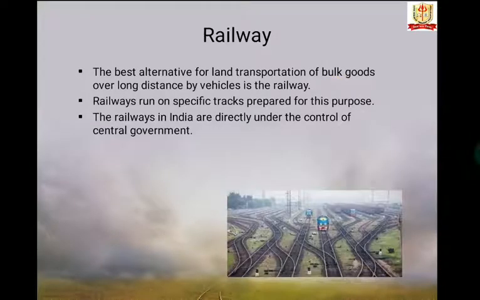Next is railway. The best alternative for land transportation of bulk goods over long distance by vehicles is the railway. It runs on a specific track prepared for this purpose. The railways in India are directly under the control of the central government.